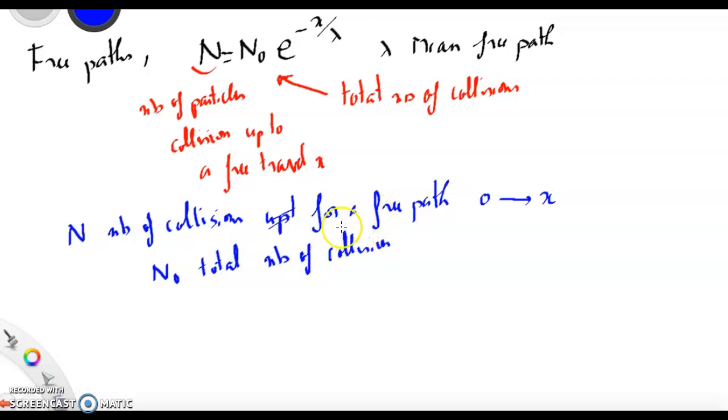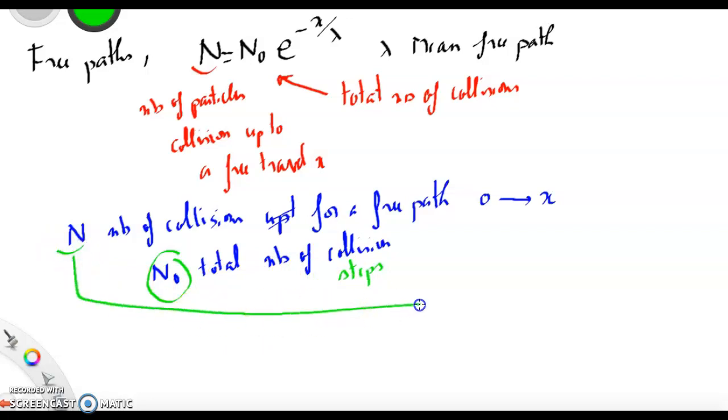But then if you come and think of it, if I compare to what I'm doing, that's the total number of steps, and this is the number of steps which have that kind of length. So it's a number of steps whose length is between 0 and x.